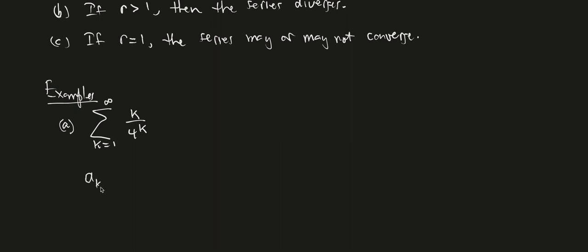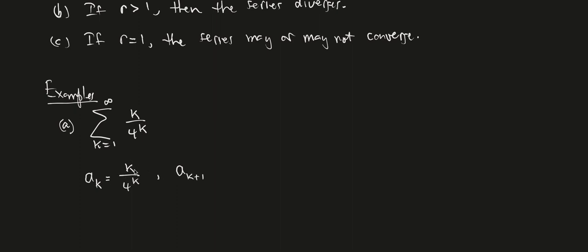So we're going to identify that the terms of our series look like this: k over 4 to the k. And then the ratio test also needs us to take a look at the next term. So what term would come after this?